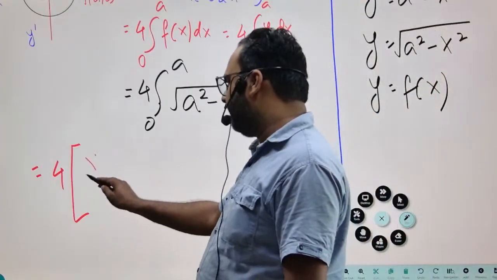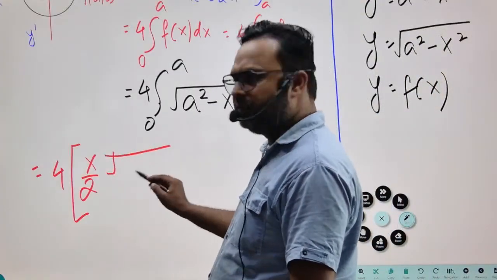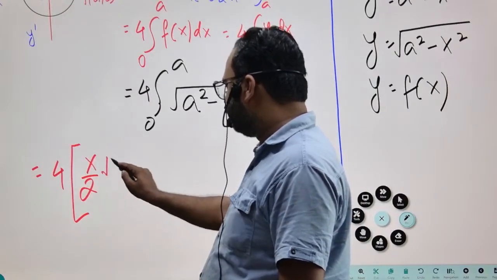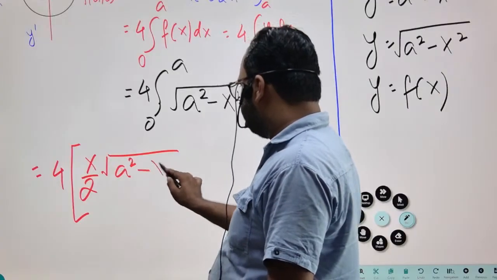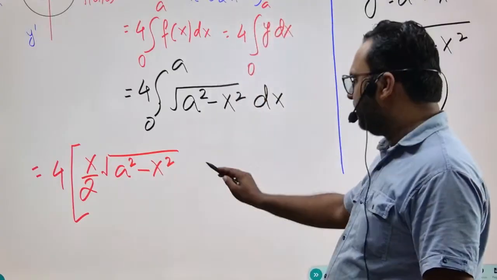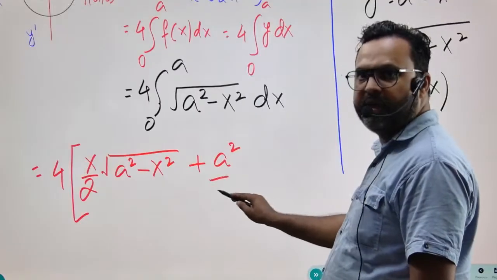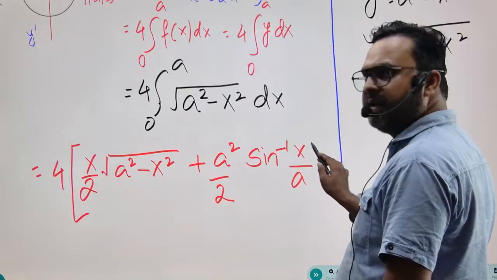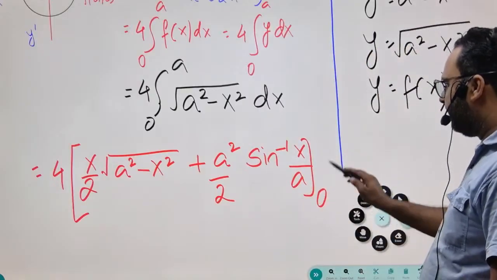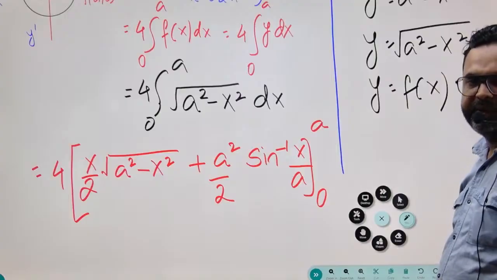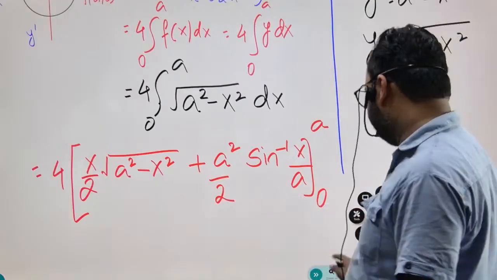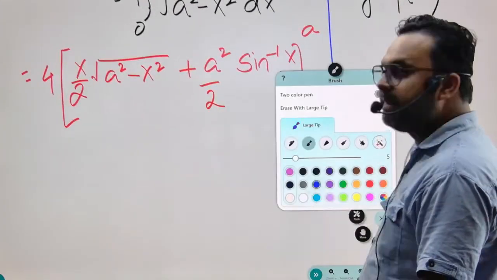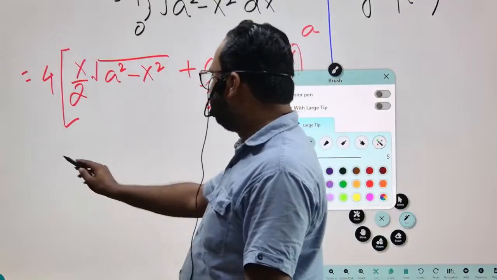The integral of root of a square minus x square is x by 2 root of a square minus x square plus a square by 2 sine inverse of x upon a, from 0 to a. Now apply the limit, upper limit minus lower limit.